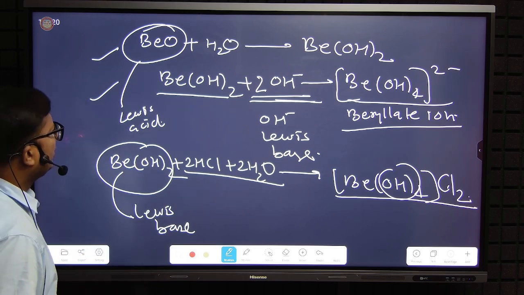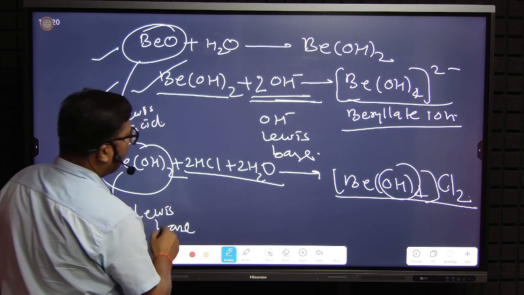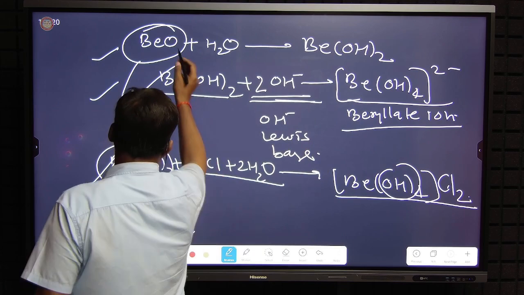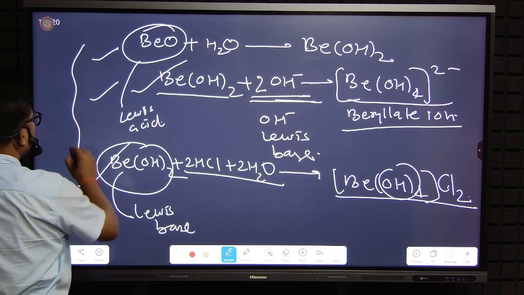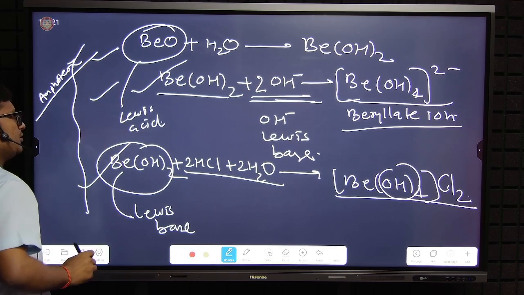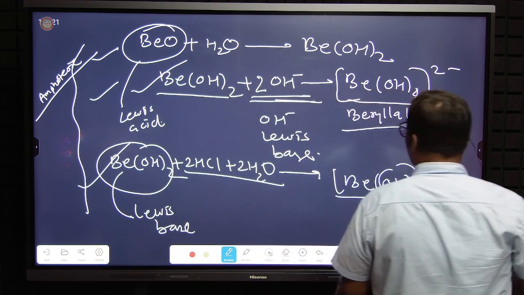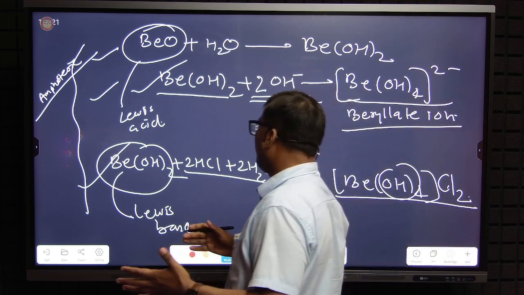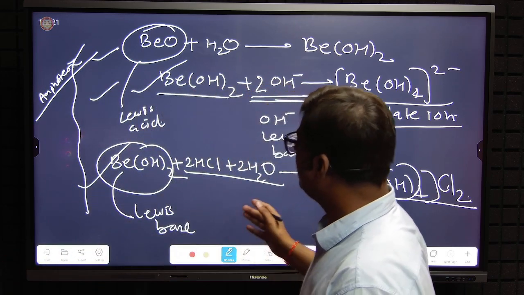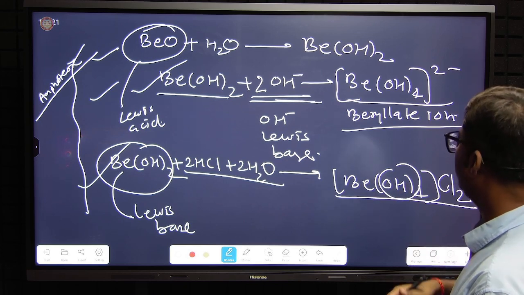So acidic behavior from these reactions and basic behavior from these reactions confirms that the compounds are amphoteric. Most of the beryllium and magnesium oxide compounds are amphoteric in character because of their reactivity with bases as well as acids.